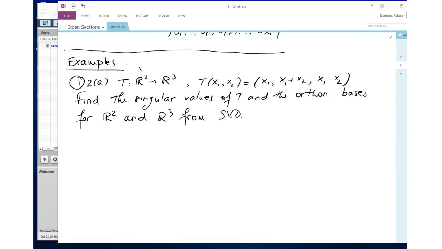All right, so this is V, and this is W. V has dimension 2, W has dimension 3. What are we actually looking for? What do we need to find? We need to find the singular values. We need to find an orthonormal basis for V. Those are the v's in the theorem.